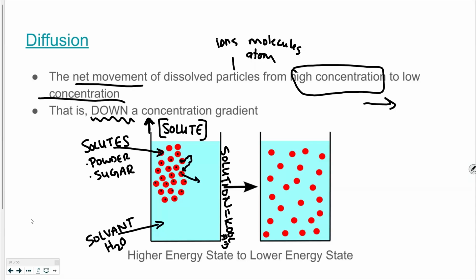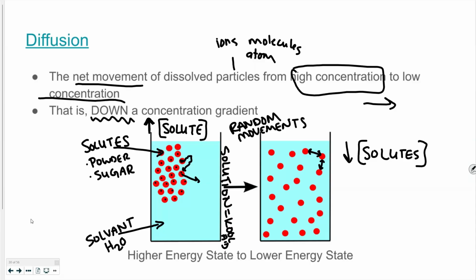And then they're going to be bonking into each other and ricocheting off until eventually, due to just random movements, we're going to reach equilibrium where the space between each of the solutes is maximized. So eventually we're going to have a lower concentration of our solutes just through the random movement.